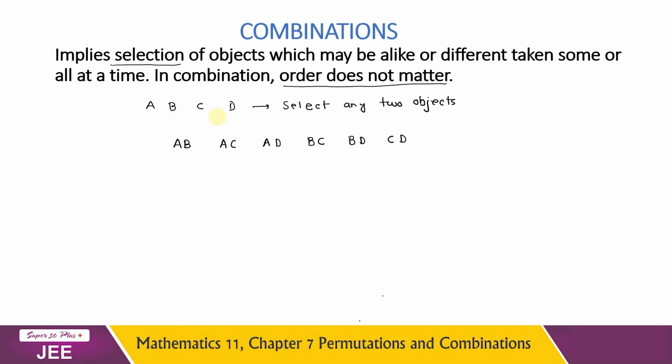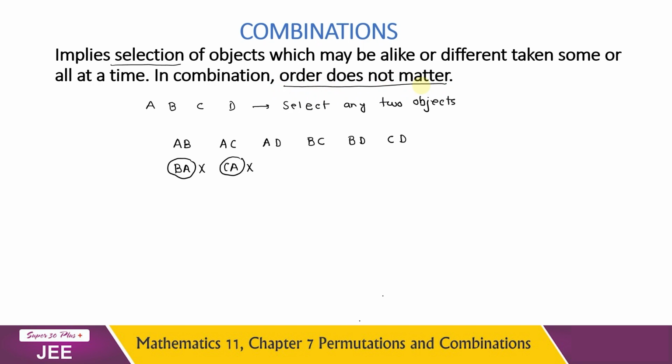These are the total number of possible combinations of 2 objects out of these 4 objects that I can make. Now one must note that I haven't written BA along with AB. Also, I haven't written CA along with AC. Why? Because AB and BA in terms of selection are going to be counted as only one case, because I have underlined over here that order of appearance of objects does not matter in case of selection or combination.